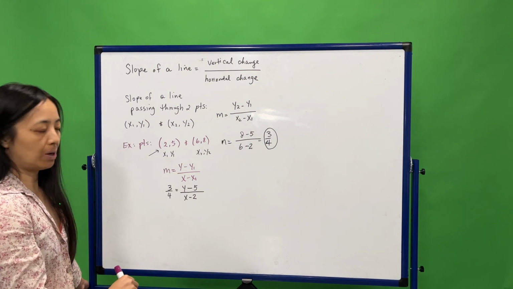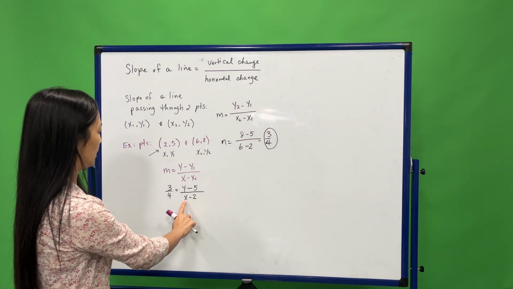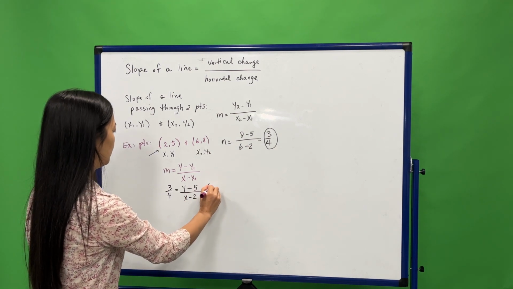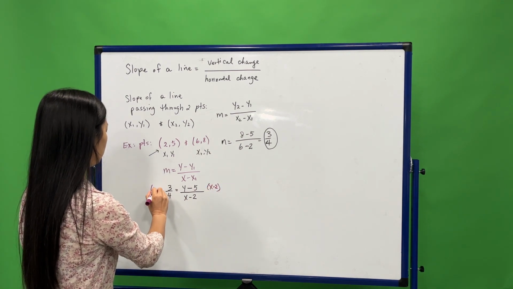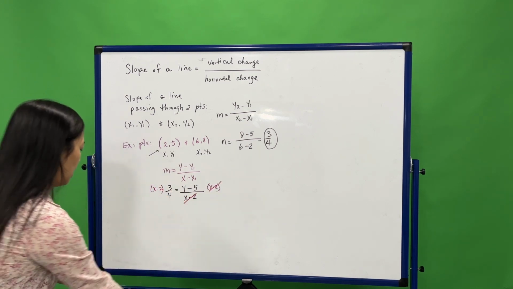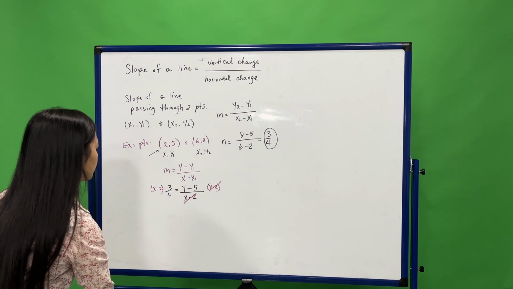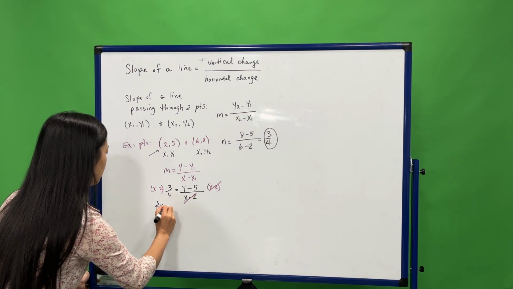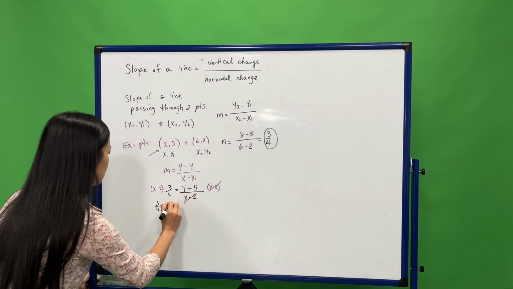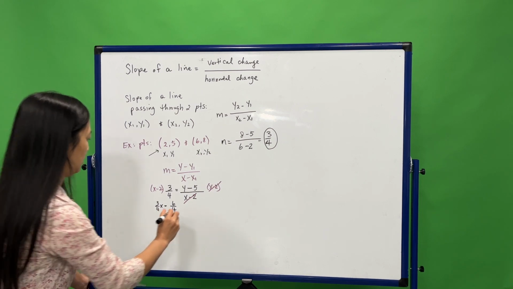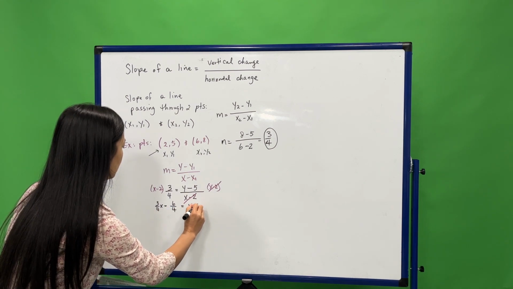Next, we're going to solve for y. We do this by multiplying the denominator on both sides, x minus 2. We want to do this to get rid of the denominator. So this will cancel, and this is going to equal 3 over 4 times x minus 6 over 4, which is equal to y minus 5.